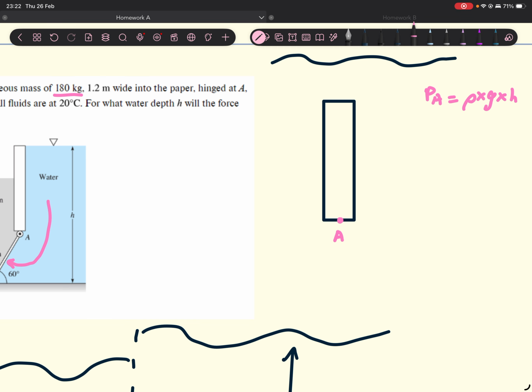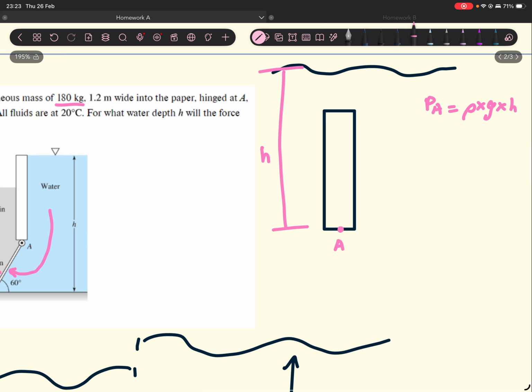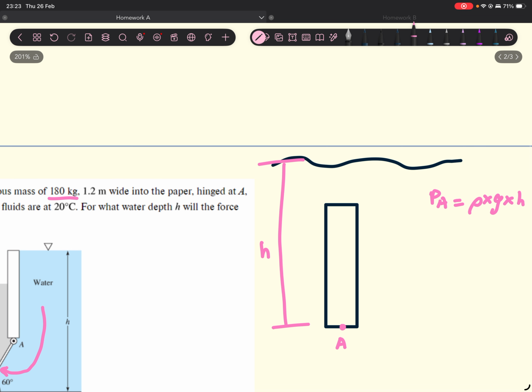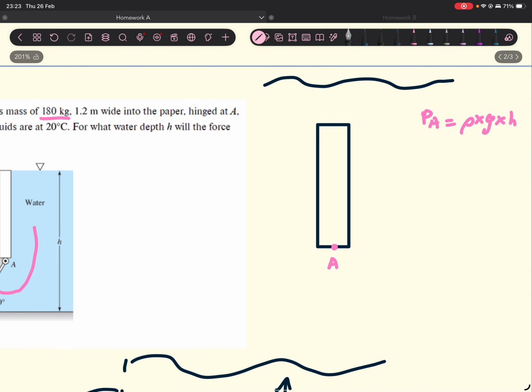And the height is the difference in height between the top of the fluid to the point that we want to calculate at. So it's this distance here, let's call that h. Okay, and this is for gauge pressure. So gauge pressure means that you're not considering atmospheric pressure. Okay, but that doesn't matter too much in this explanation.